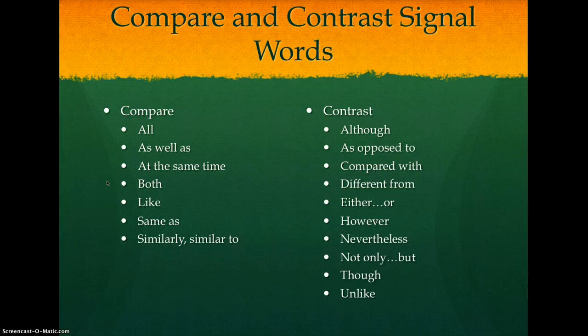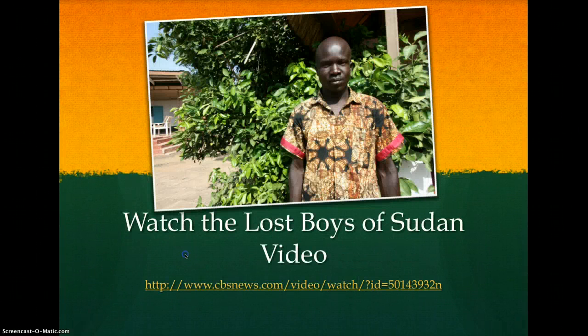On the other hand, contrasting, you may look for words like although, as opposed to, compared with, different from, either or, however, nevertheless, not only, but, though, and unlike. So as you're reading through your text today, A Refugee Remembers, look for signal words that are showing comparisons and words that are showing a contrast.